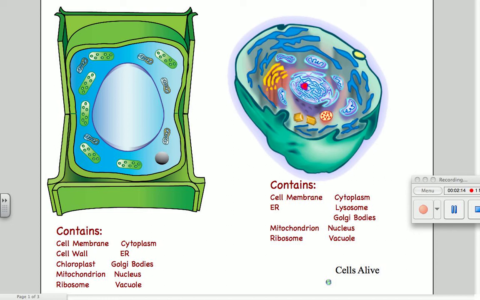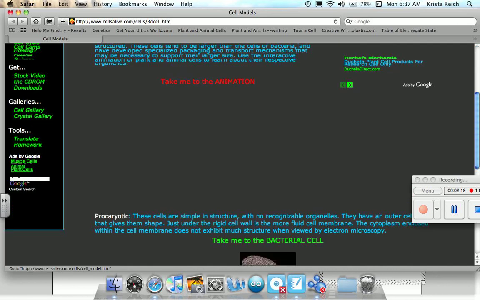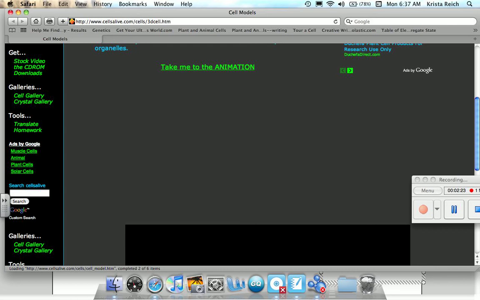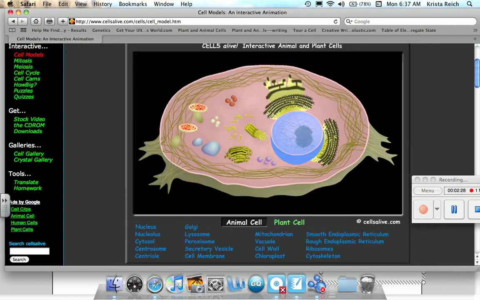I linked this site called Cells Alive, and it's really cool, and it gives you a great, you can click on animal cell, and it goes through all of the organelles, and you do not have to know all these, just the ones that I had on the last page there, but things like nucleus.